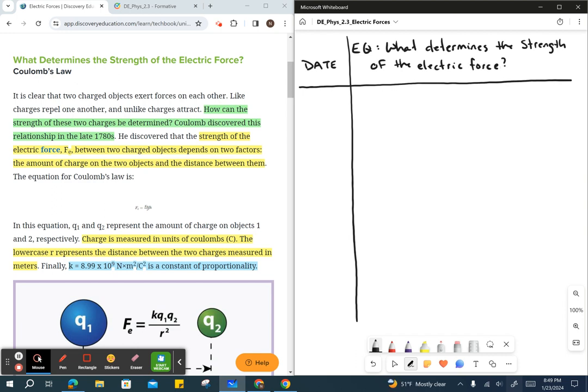Okay, so let's start by, of course, writing down what you know, or think.